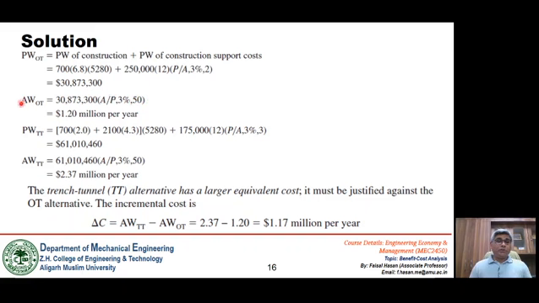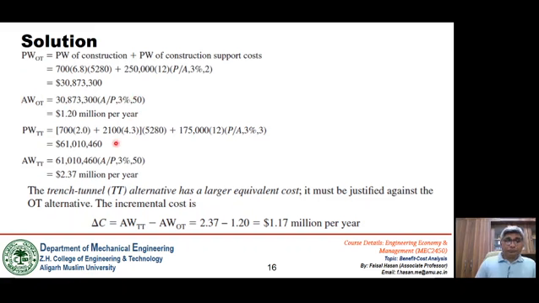Computing with the formula we discussed earlier, it comes out to be $1.2 million per year. This is the annual worth associated with the open tunnel project for a lifespan of 50 years. So we have converted the data into annuities for a period of 50 years.